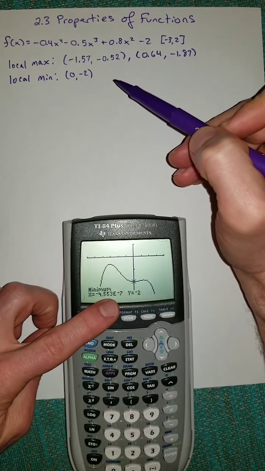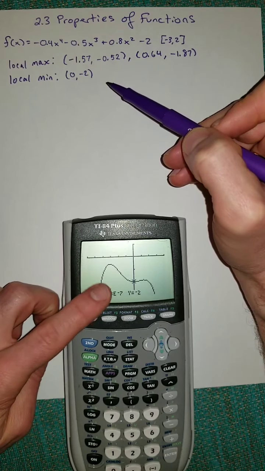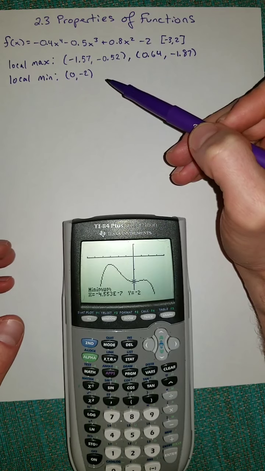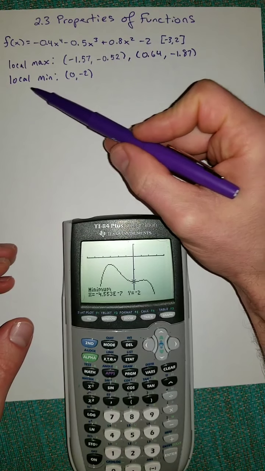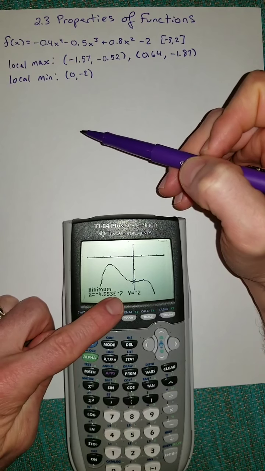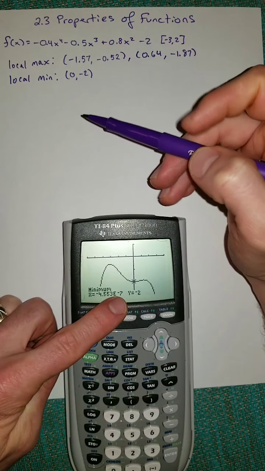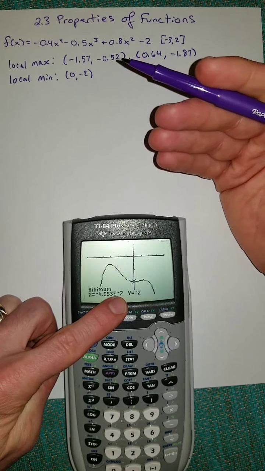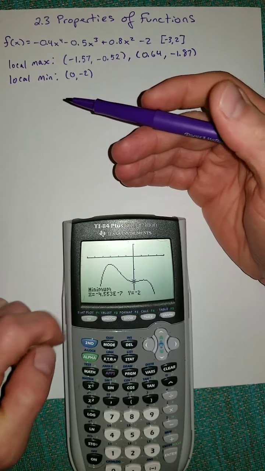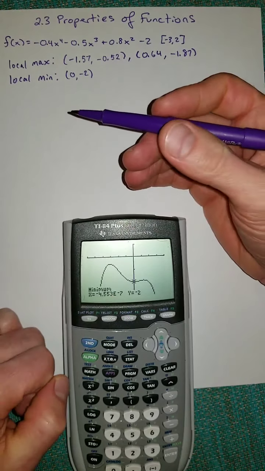I'm going to get something a little bit off from that. But again, the calculator is creating some sort of error in its algorithm. So I would use 0, -2. If you see that scientific notation with a really small number like a -7 or -10 or something there, you're going to want to just make that 0 because that's an error probably.